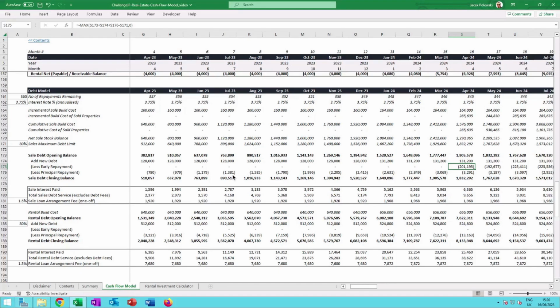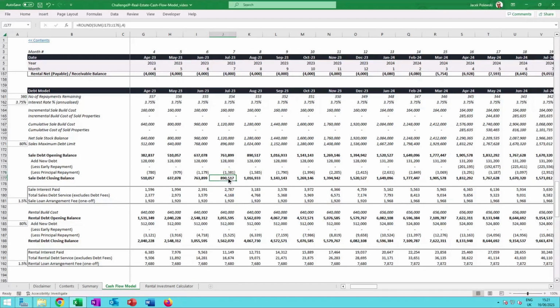And then in addition to that, you also have your regular principal repayments, which is a difference between this figure here, where I'm using the PMT function in Excel to calculate the level of payment that I have to make in order to repay my existing debt balance plus any new debt over a period of time. So my principal repayment would simply be my total payment minus my interest.